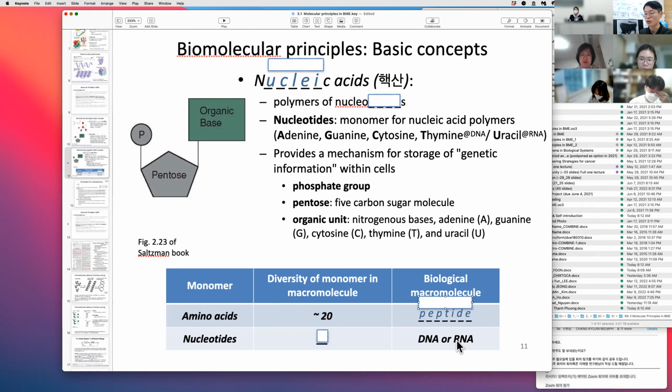Okay, then what about the biological macromolecule of deoxyribonucleic acid or ribonucleic acid? DNA or RNA is made out of these nucleotides of ATCG. How many are there? Janice, can you guess? Just count the number here.